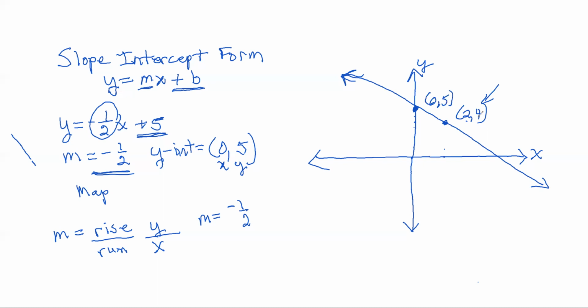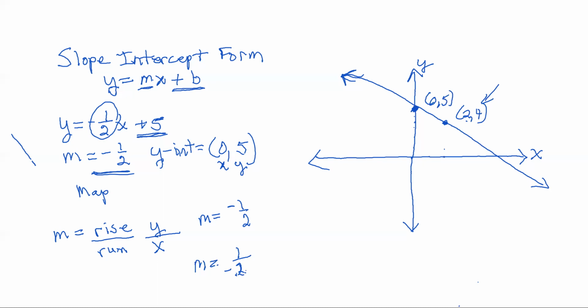If, however, for any reason, I wanted to start at my original point here and go the opposite direction, so I wanted to go to the left, then I just change both of the signs in my slope. So if the negative was on top, then I make that positive and the negative goes on the bottom. If both of them were positive, I just change them both to negative and then do it that way.